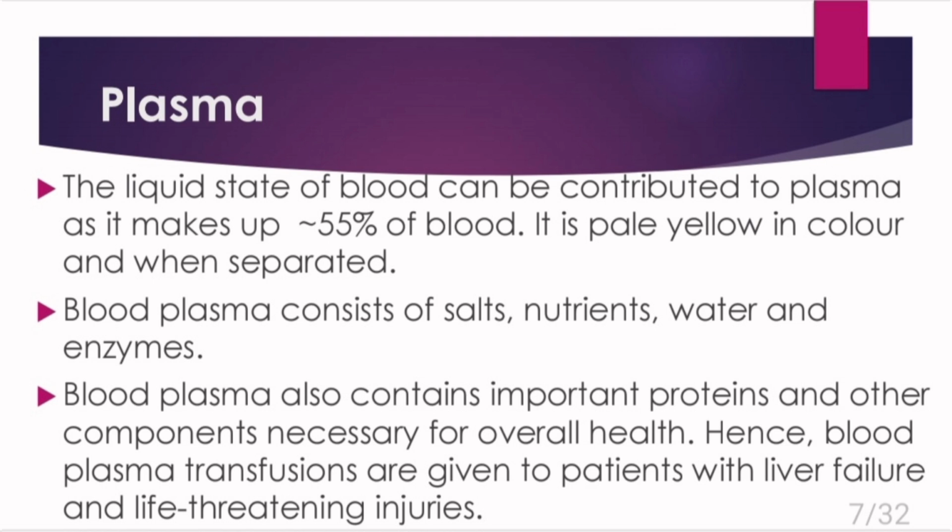The blood plasma consists of salt, nutrients, water and enzymes. Blood plasma also contains some important proteins and other components which are necessary for overall health. Hence, blood plasma transfusions are given to patients who have liver failure and some life-threatening injuries also.